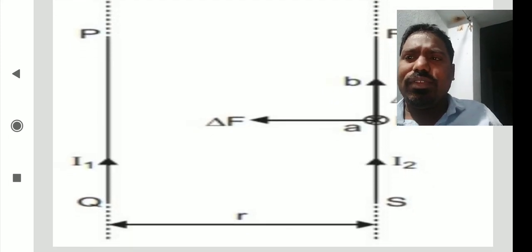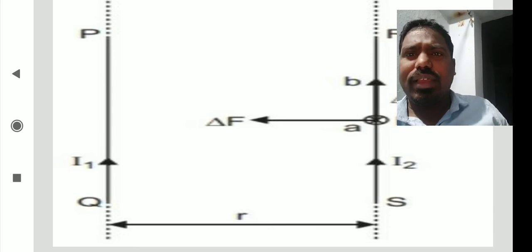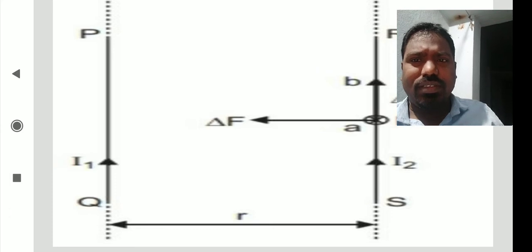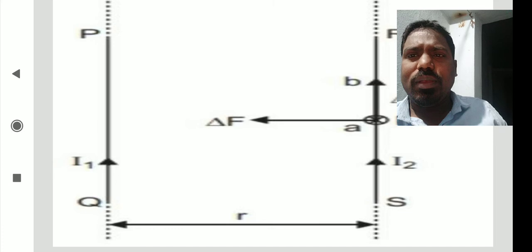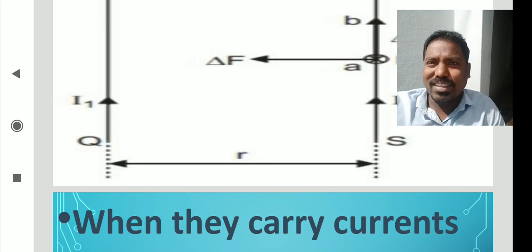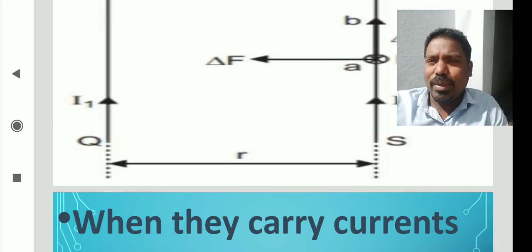The PQ conductor carries current I1, and the RS conductor carries current I2. These two conductors are separated by a certain distance. The separation distance between these two conductors is r.